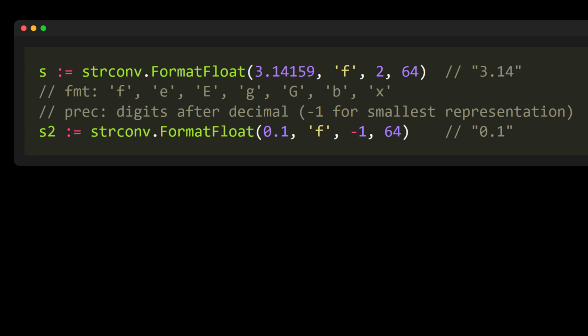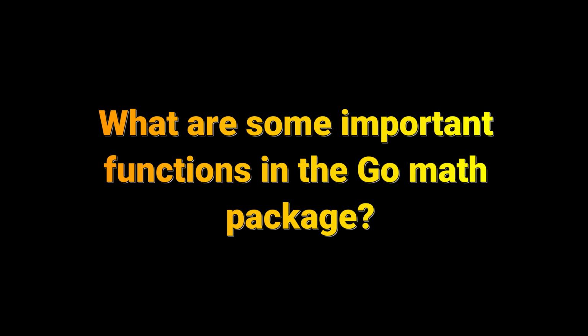For example, using format F with precision 2 turns 3.14159 into the string 3.14. If you use precision -1, Go chooses the smallest string that still represents the value correctly, like turning 0.1 into the string 0.1.